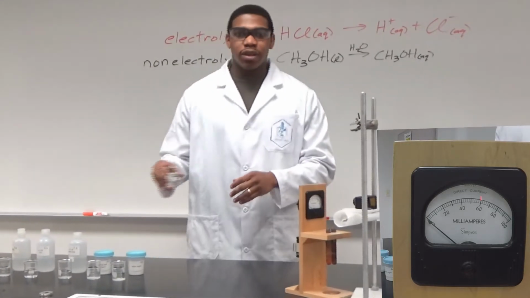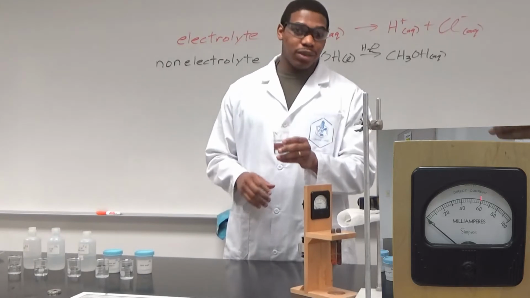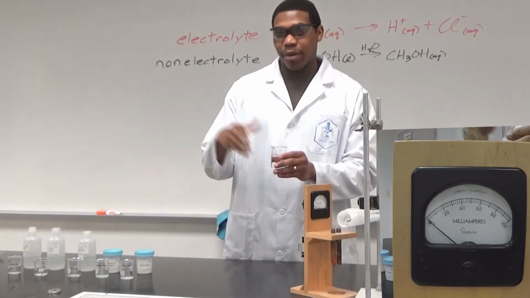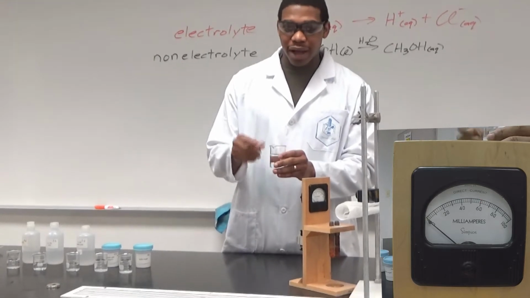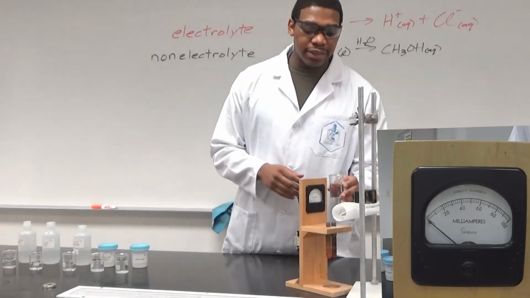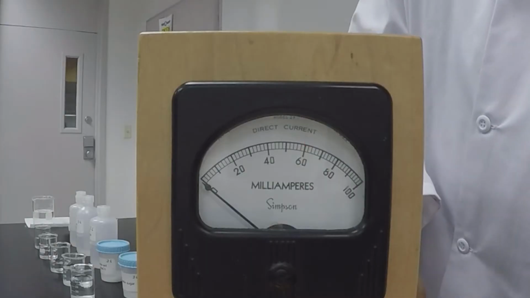Now, when we go with normal tap water, which can come from a lot of different sources, there might be ions from the minerals in the rocks that can give the tap water some conductivity.